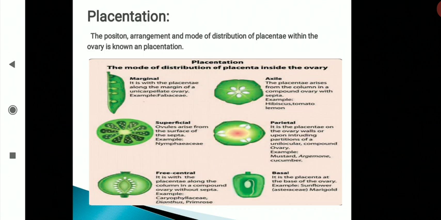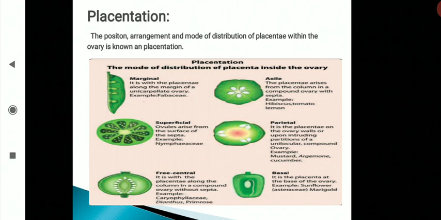So this is all about placentation, and it gives an idea regarding development of seeds at a particular position and distribution of the seeds inside the ovary chambers. Why is placentation important?